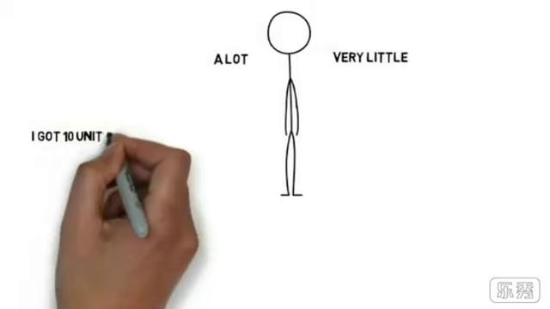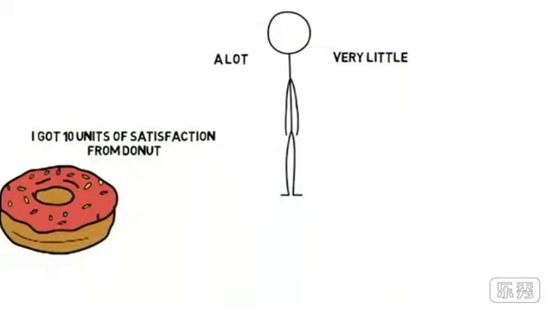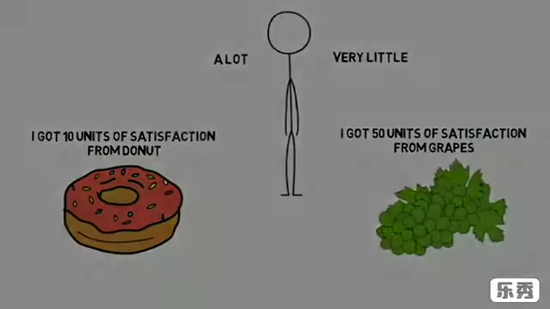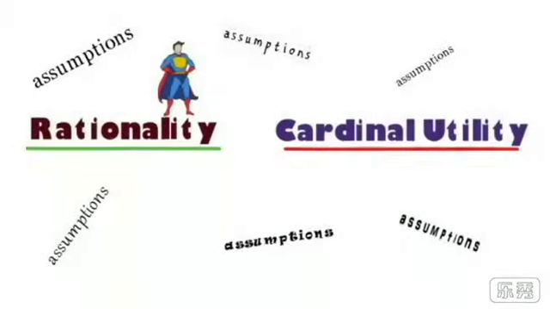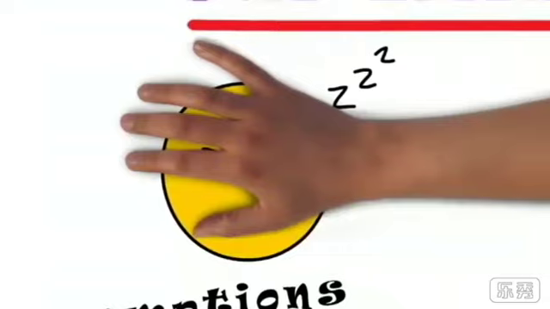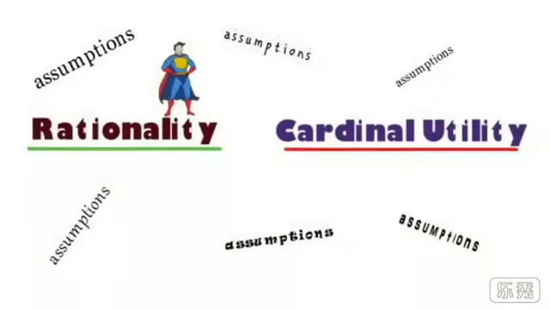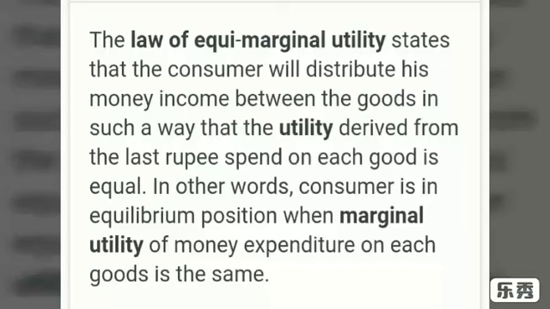That is, we cannot give numbers and say that I got 10 units of satisfaction from this commodity or 20 units of satisfaction from the other commodity. We can only say that I liked a certain commodity more or something less. However, in this law, we assume that cardinal measurement of utility is possible.